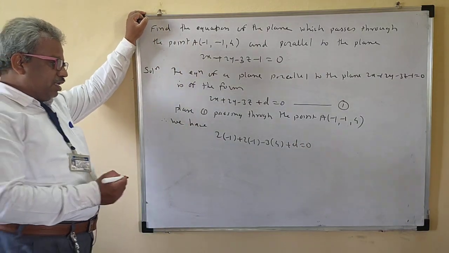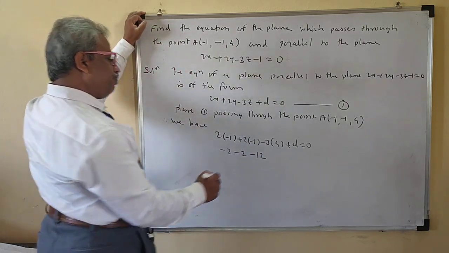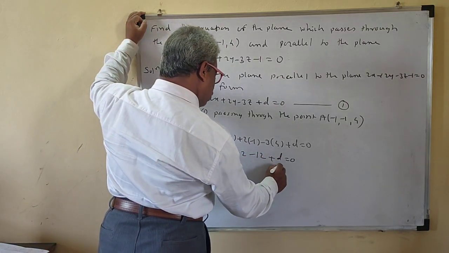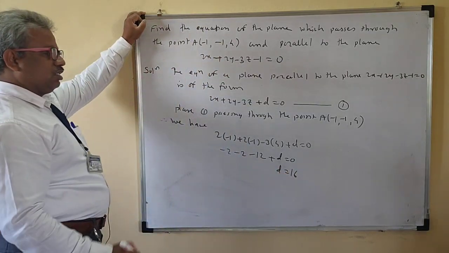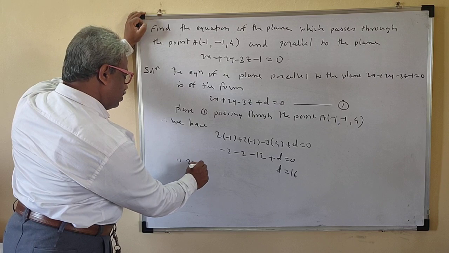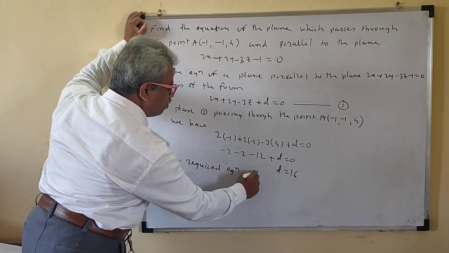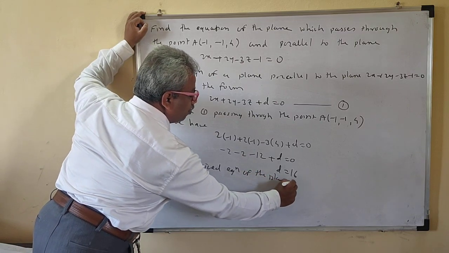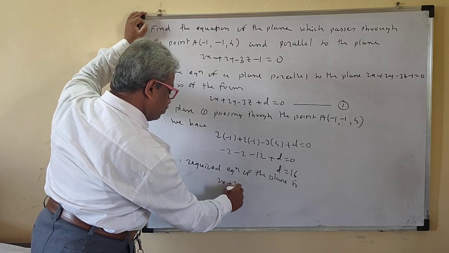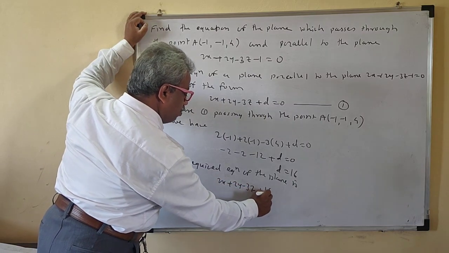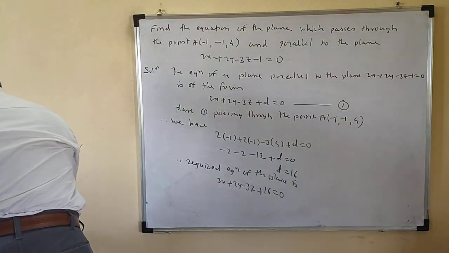This gives minus 12 plus d is equal to 0, so d is 12. Therefore the required equation of the plane, putting the value of d, is 2x plus 2y minus 3z plus 12 is equal to 0. So the problem is over. This is a very simple problem.